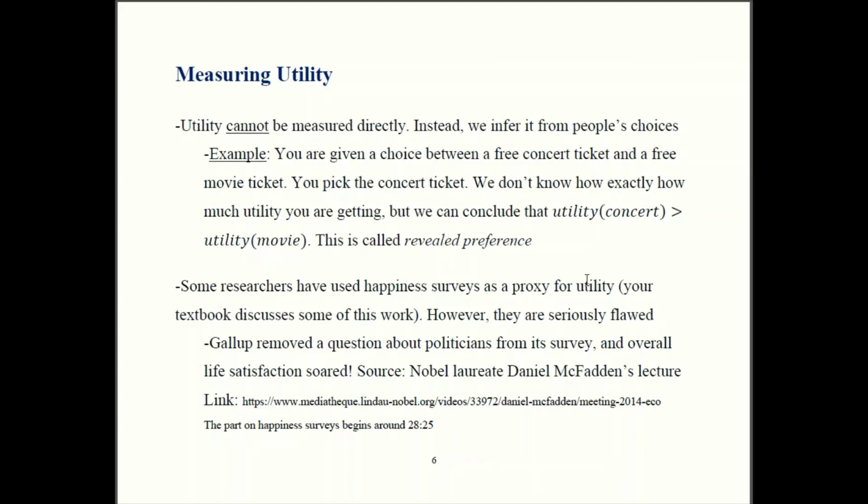Most of the time, people are pretty upset about politicians, so if you ask them about that, it can put them in a bit of a grumpy mood. Once you've put them in a grumpy mood and you ask them about their overall happiness, you get a lower number than what you would have gotten otherwise. So when Gallup chopped out this one question from their survey, overall lifetime happiness soared.